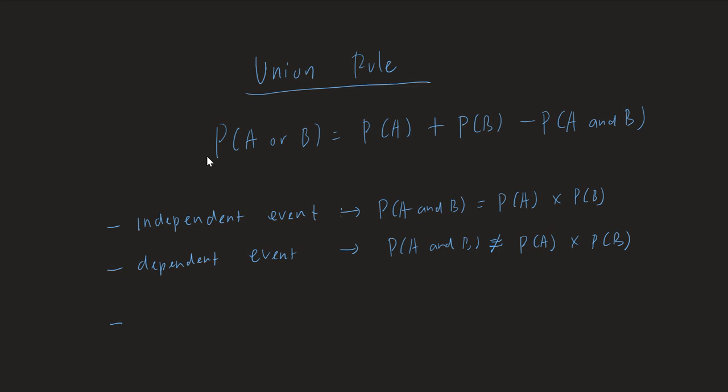For a dependent event, the probability of A and B would be this famous P of A times P of B given A. Yes, that is correct. You can use that when you are given the information.